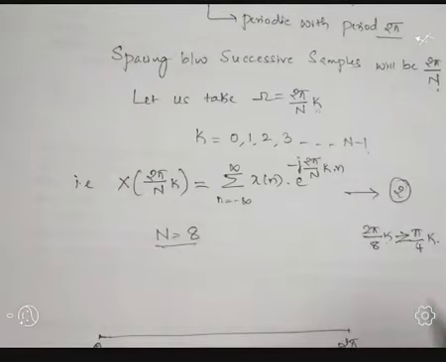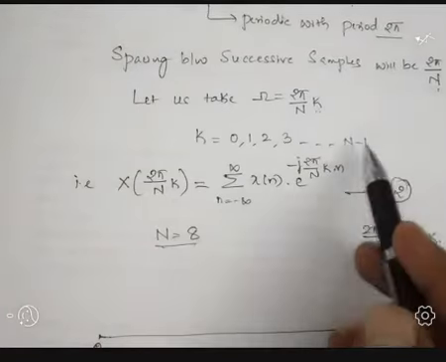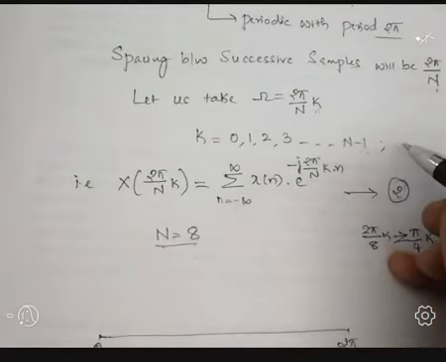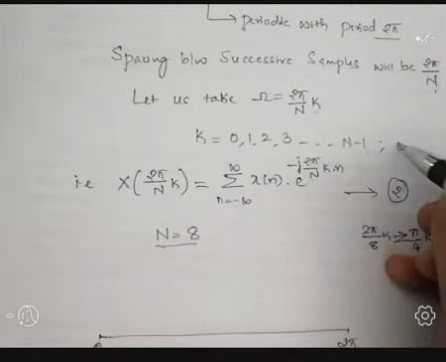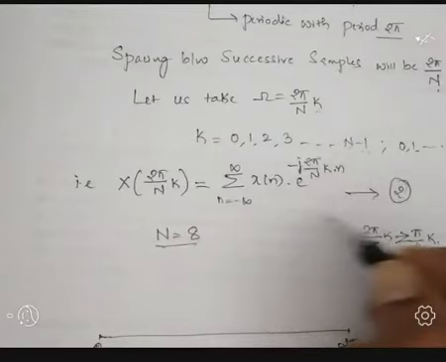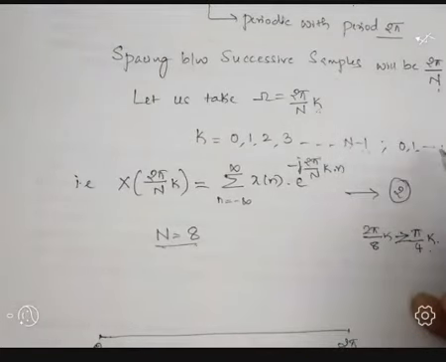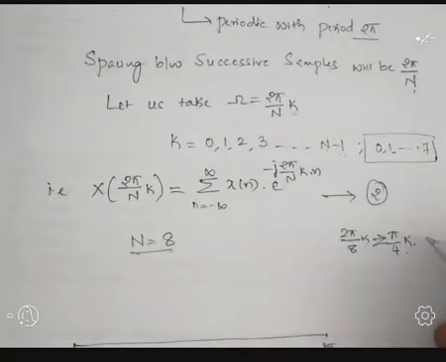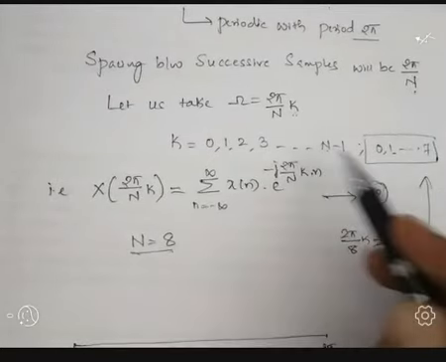Keep on substituting the value of k from 0 to N minus 1, that is, 0 to 7 as per this example.